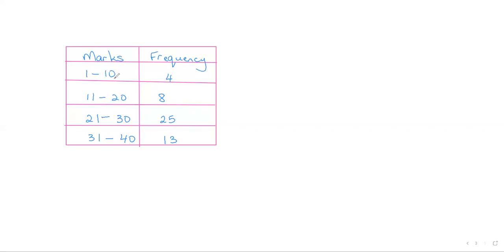So from this, remember, this is just to give you an idea or a number that represents the entire group, right? So for this, let's pretend one person got 5, the next person got 6, and the next person got 2, and the next person got 9, right? So 4 people, 1, 2, 3, 4, got between 1 and 10. 8 people got between 11 and 20.